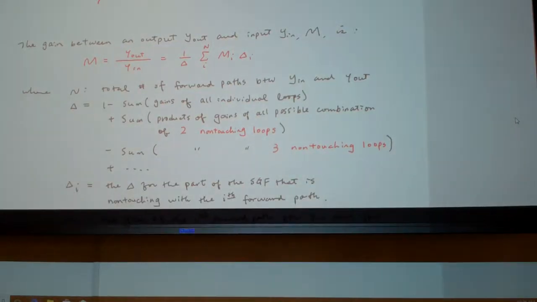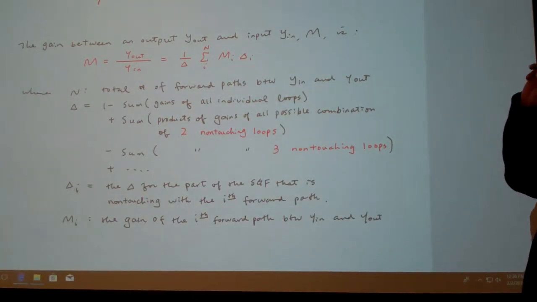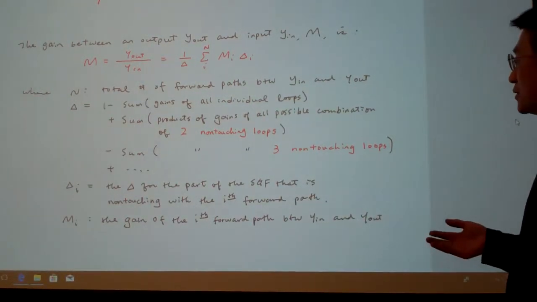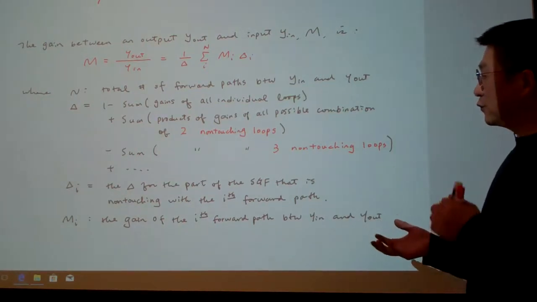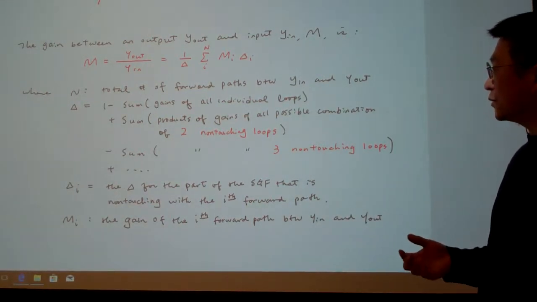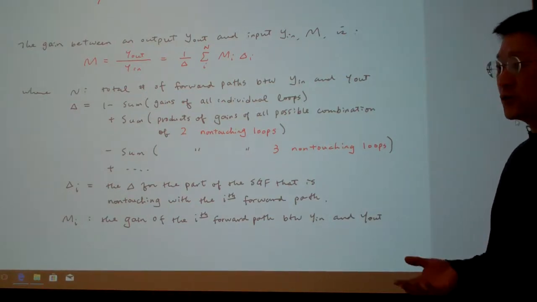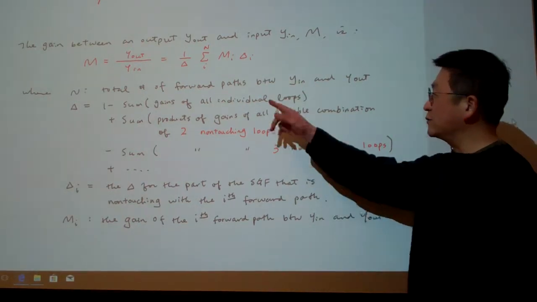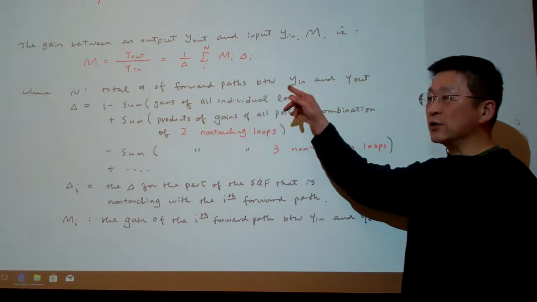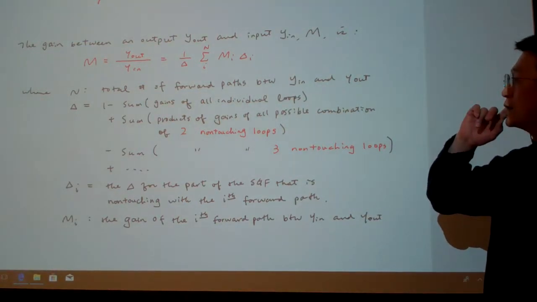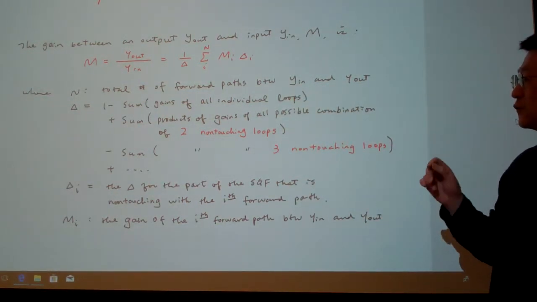So here is the Mason rule. The way we've been preparing ourselves for learning the signal flow graph and its fundamental properties and algebra, etc., is to get ready for learning this. This is the only formula attached to the signal flow graph.